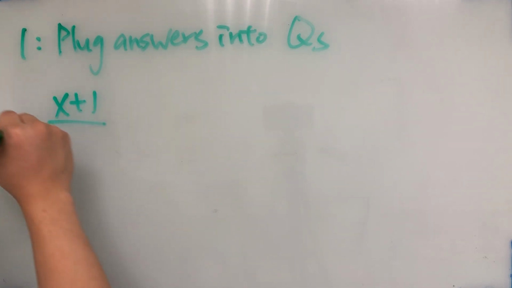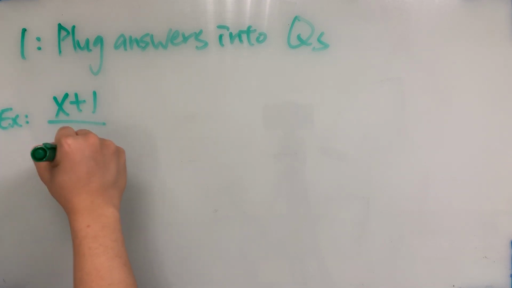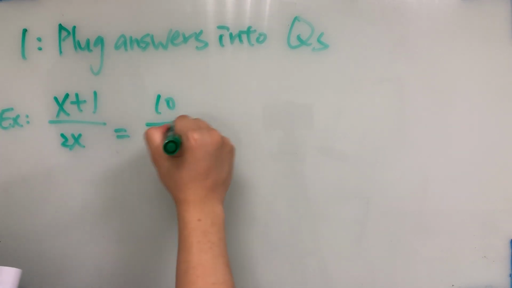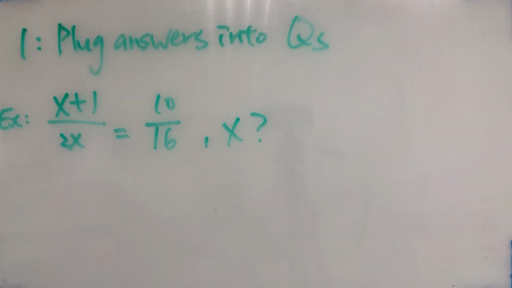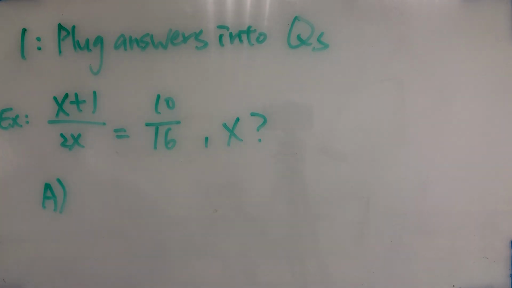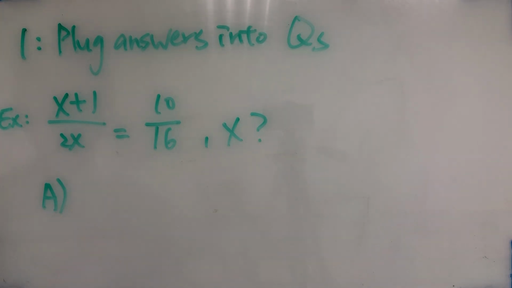The example here: x plus 1 over 2x is 10 over 16. It asks you what the x is. I'm just gonna do option A and the right answer just to make a point here. And if you have any other questions, feel free to approach me or the TA.